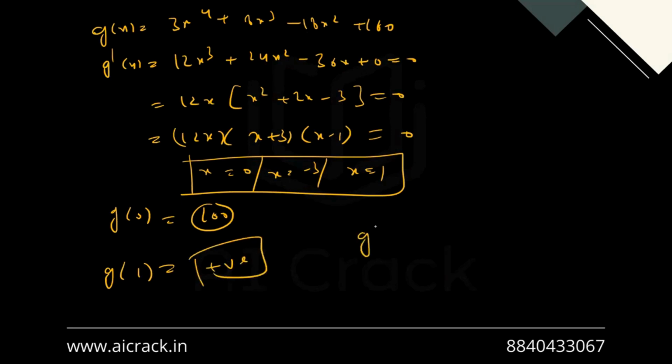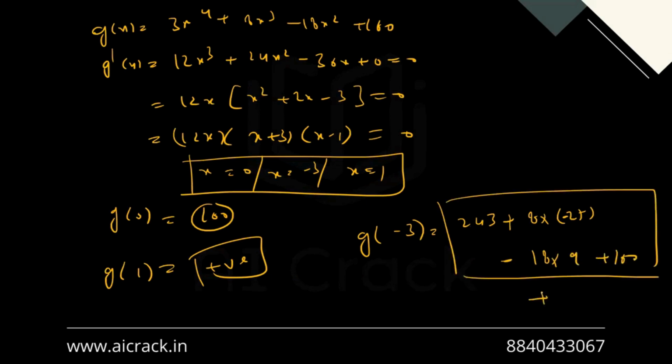If you talk about g(-3), then we have (-3)^4 times 3, so 3^5, that is nothing but 243, plus 8x^3, that is 8 multiplied by 27, minus 27 because we have -3 cubed, minus 18 into 9, right, and plus 160. And now if you calculate this value, this also comes out as positive.